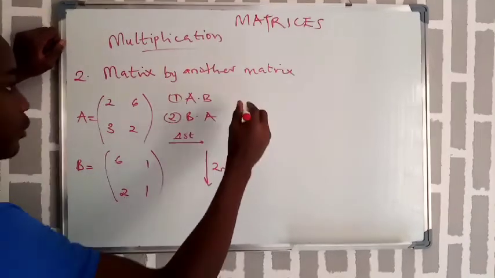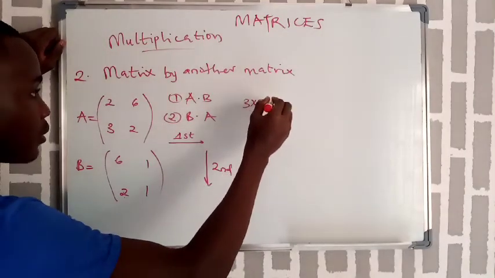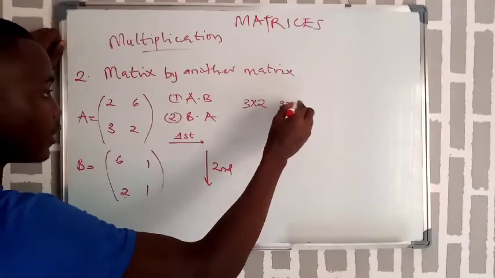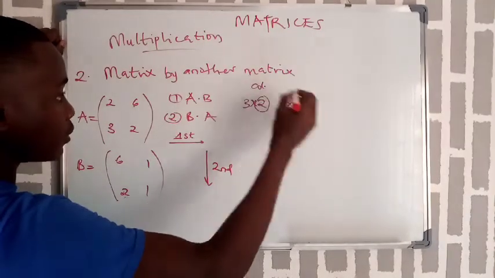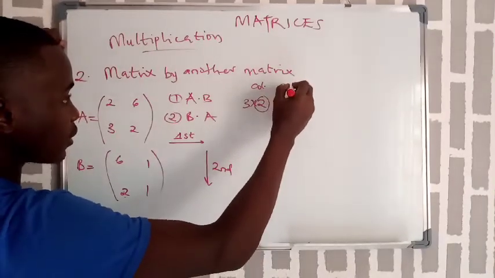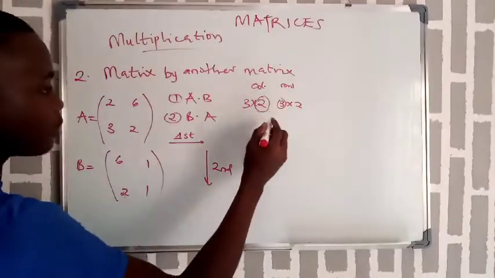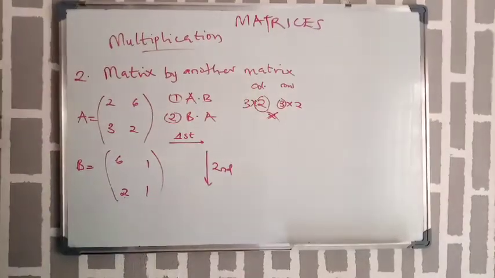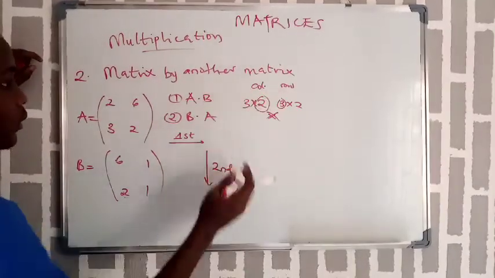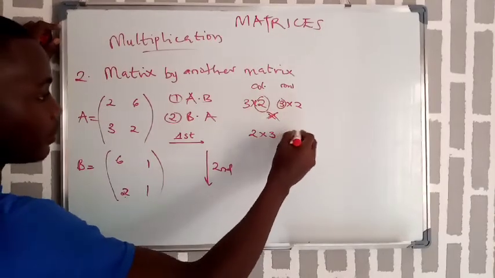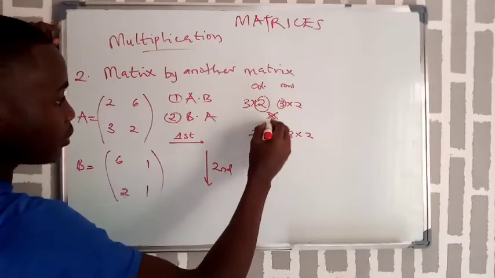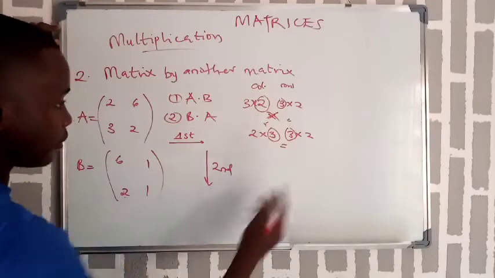If it were a 3 by 2 matrix going with a 3 by 2, this is the number of columns on the first one, and this is the number of rows on the second one. These matrices cannot multiply because the columns and the rows are not equal, but a 2 by 3 can go with a 3 by 2 because the columns and rows are equal.